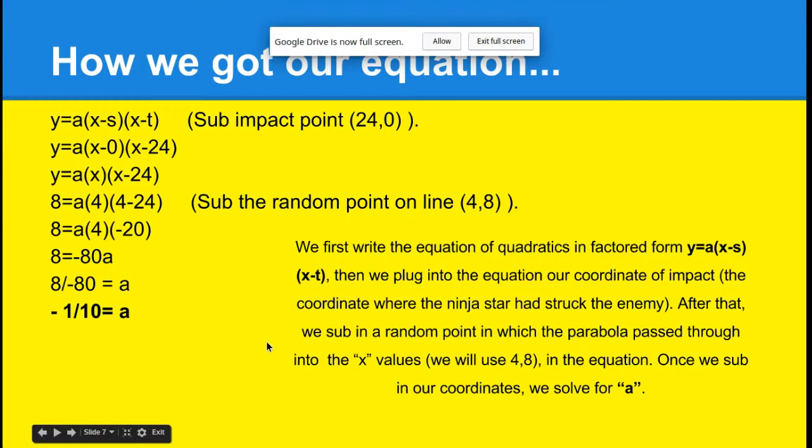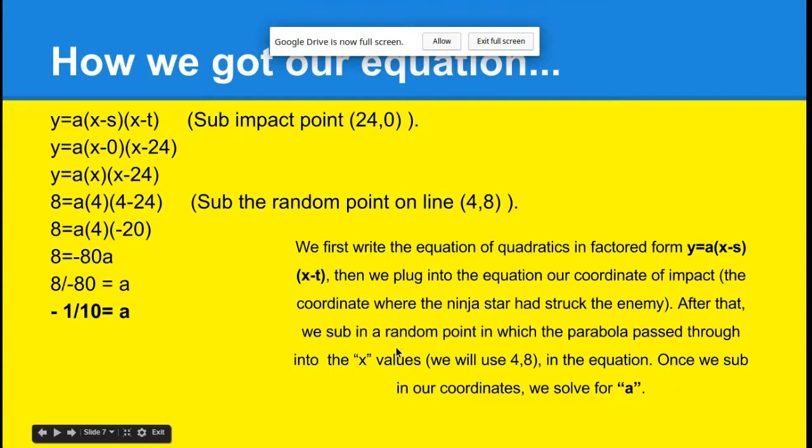So we first wrote the equation of quadratics in factored form, which is right here. y equals a times x minus s times x minus t. Then we plugged into the equation our coordinates of impact, the coordinate where the ninja star had struck the enemy.